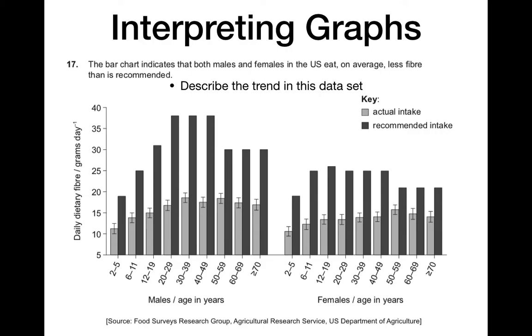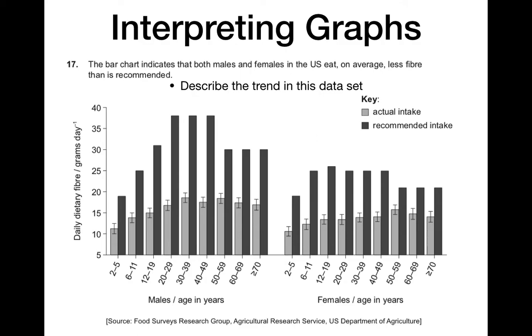So the actual intake is a mean value, and there is a recommended intake of fiber for males and females in different ages. You'll notice here that males are supposed to take in more fiber than females, and they tend to take in more fiber than females, but much less than they should.